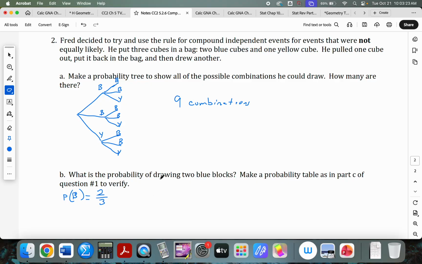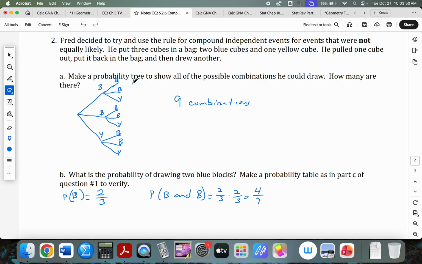Okay. So the probability of drawing a blue and then another blue should be 2/3 times 2/3, which is 4/9. Let's take a look at that on the tree.